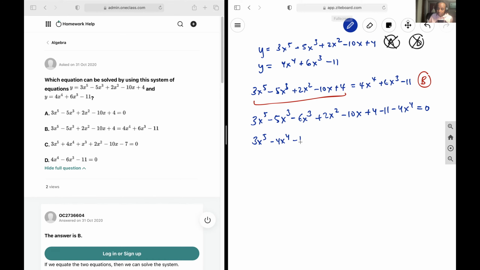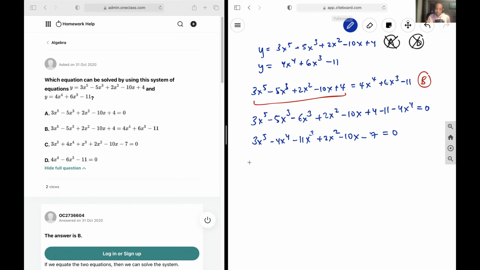So this becomes minus 11x cubed plus 2x squared minus 10x minus 7 is equal to 0.